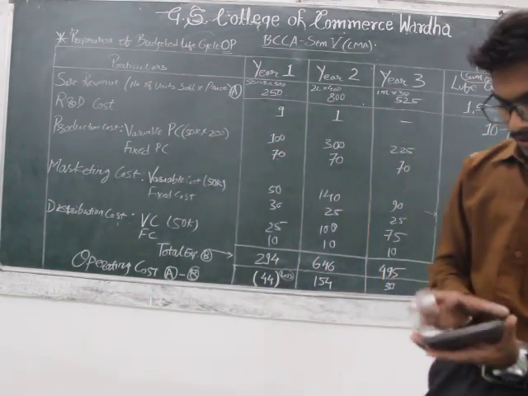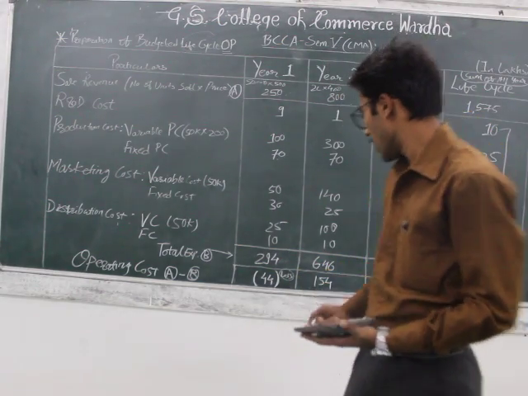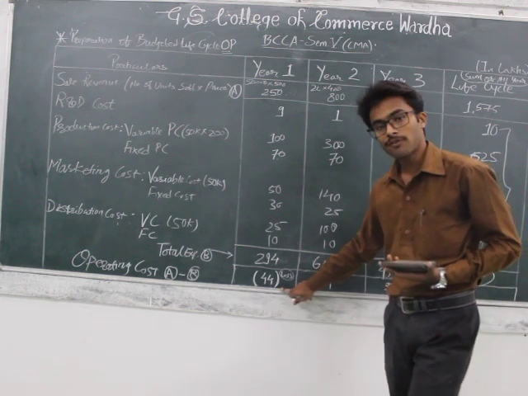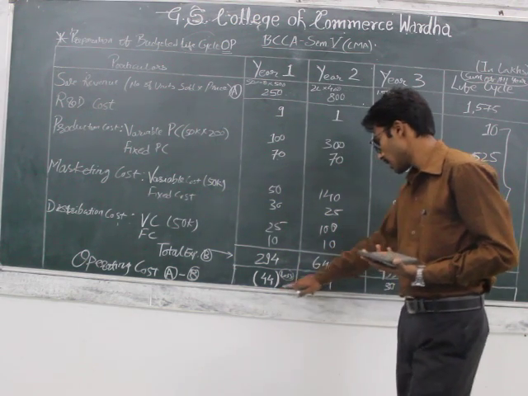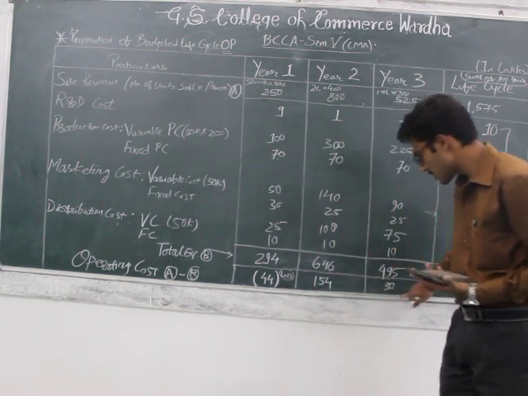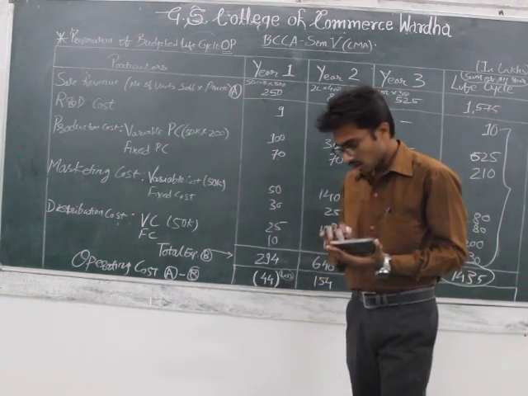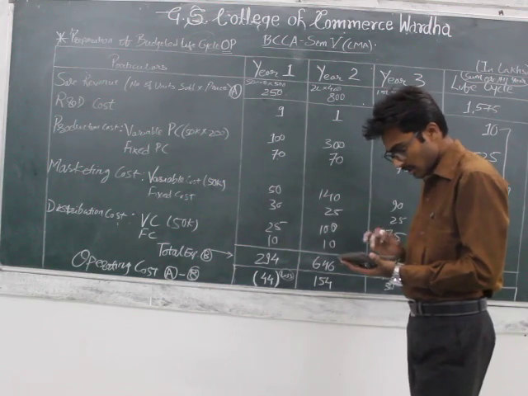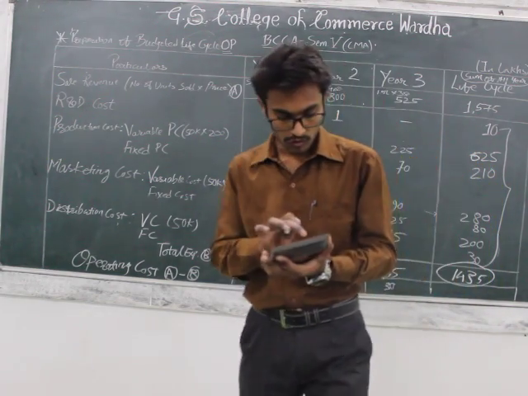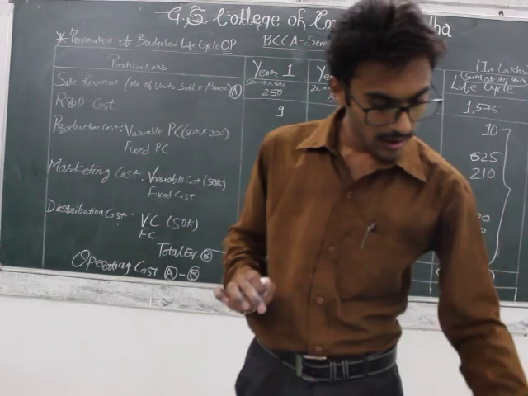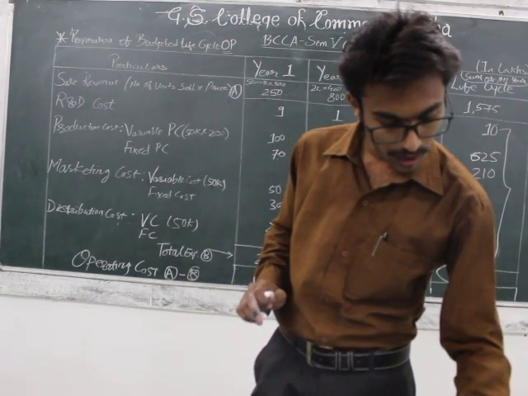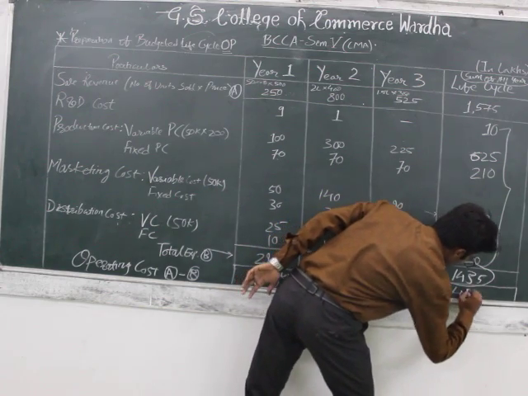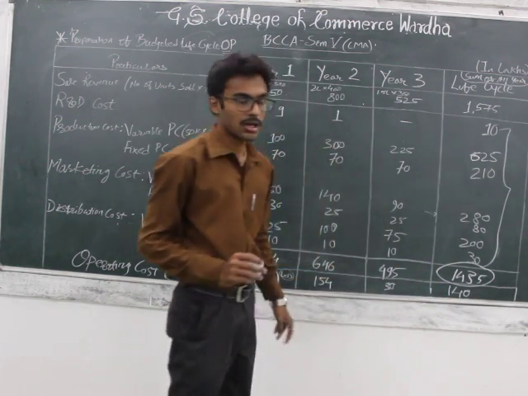But we cannot add 44; we have to subtract 44 from this amount because this is a loss. So 154 plus 30 minus 44, and we got 140. So 140 will be your operating profit.